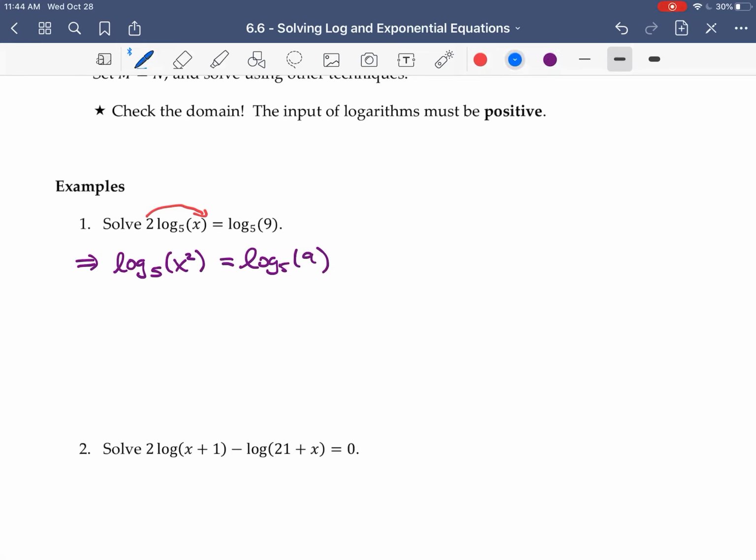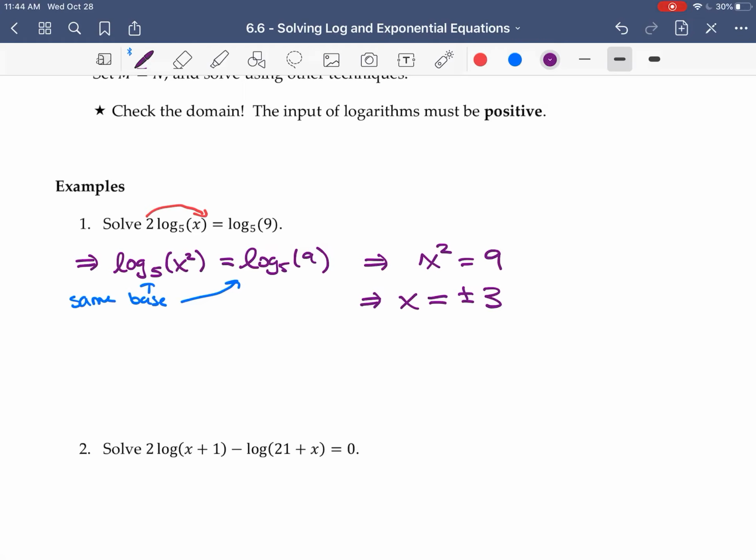Now I have the same base, so I can conclude that the insides need to be equal. So x squared has to equal 9, which means that x has to equal plus or minus root 9, which is 3.